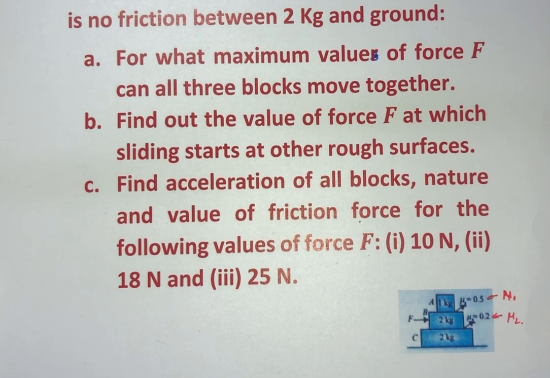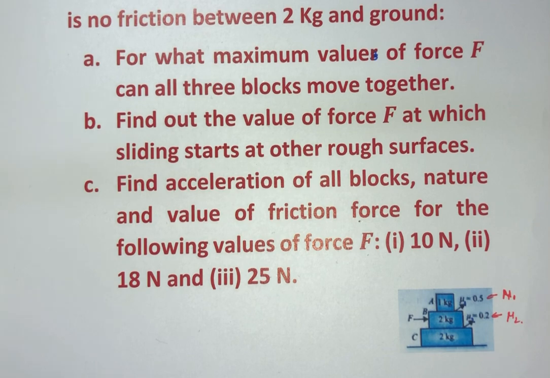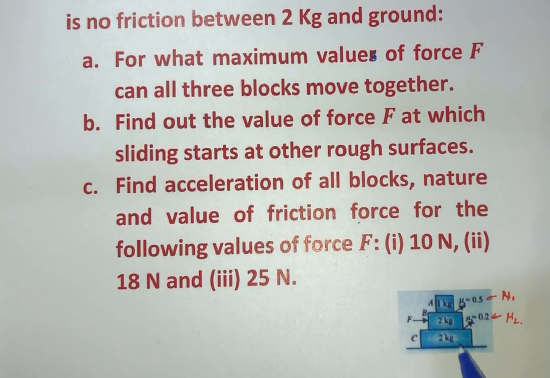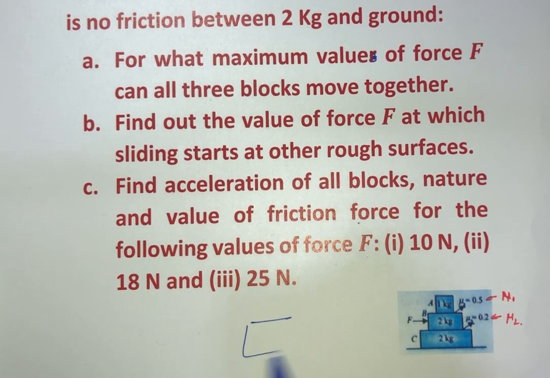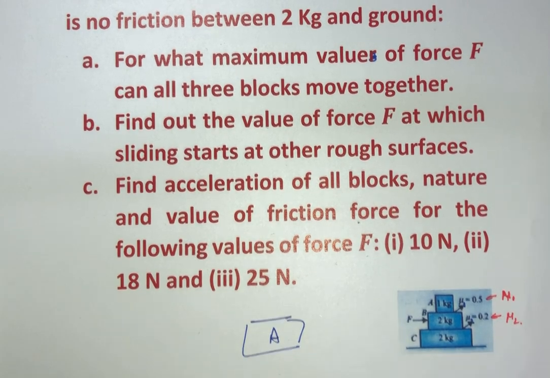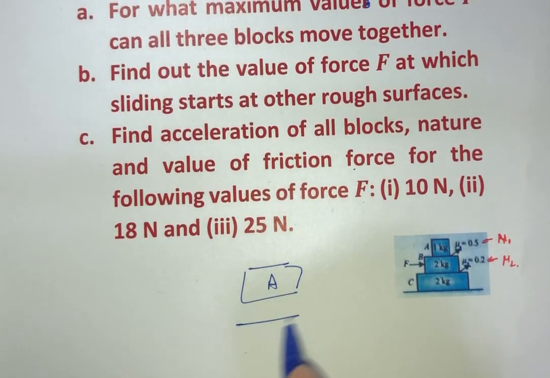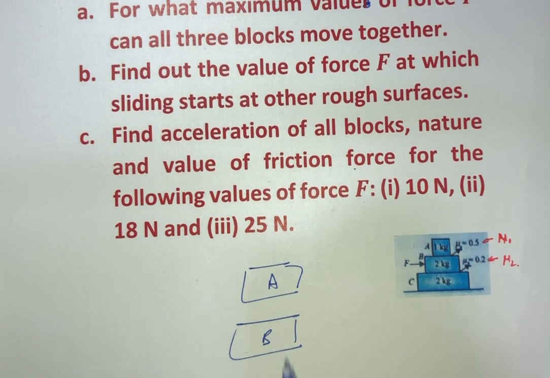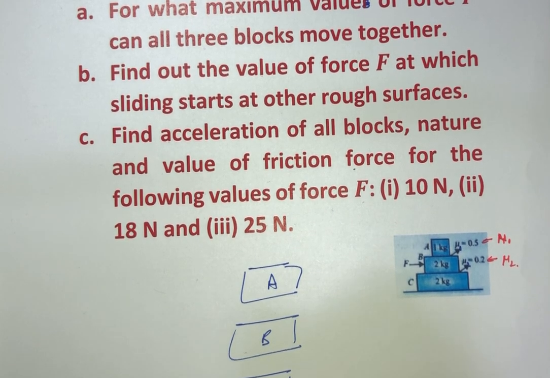So first of all, let's find out the two values of the friction. Let's draw this: this is our A block, this is B, and this is our C block.